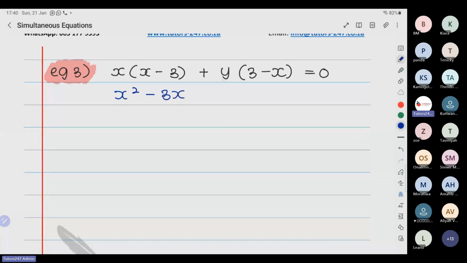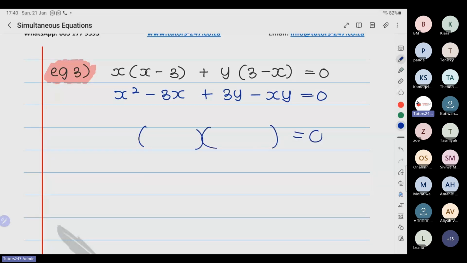We're then going to distribute y into the bracket, and that gives us 3y minus xy, and that is equal to 0. Okay, this is one option. Then you can go on to use your grouping factorization and turn it into two brackets equal to 0.